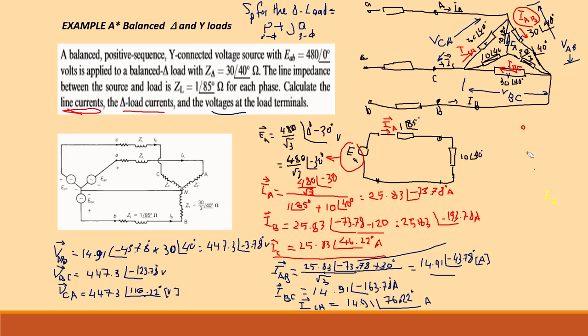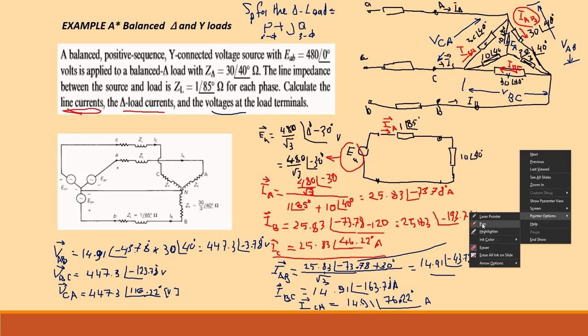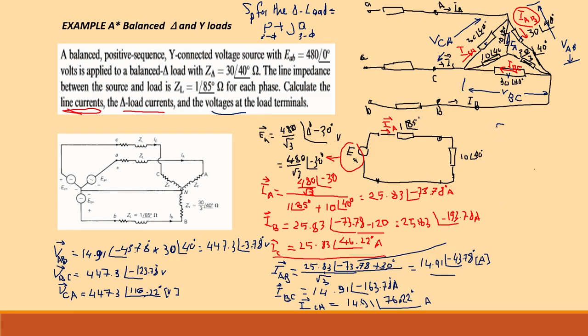The power SP for a three-phase symmetrical load is as follows: 3 multiplied by the voltage of the phase, which is equal to VAB, multiplied by IAB conjugate.